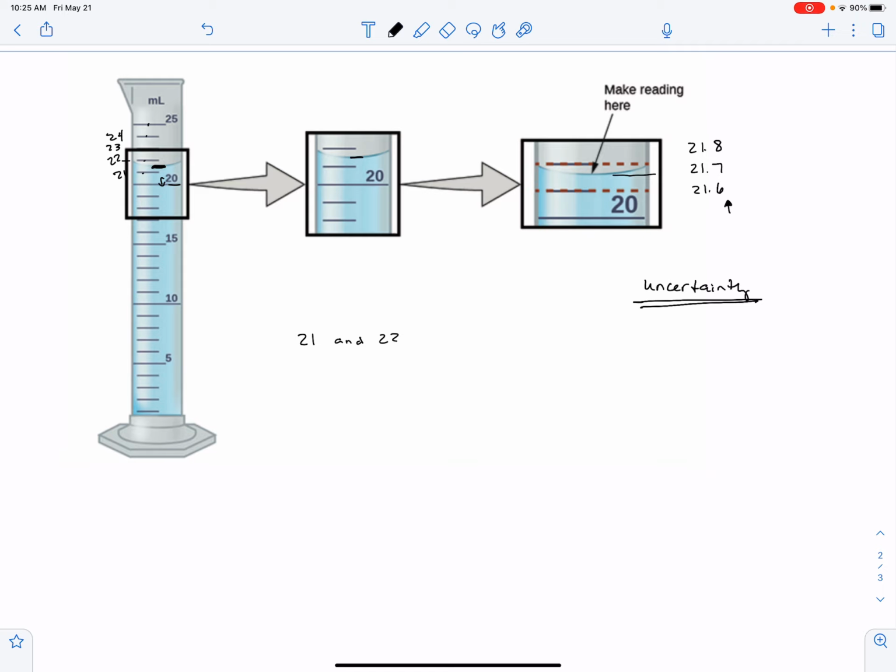By the way, if you did have a graduated cylinder that had a ton of markings in between here, then it means that you could make a better guess on the number. Because if you had lots of extra markings, you might be able to then say that the number was 21.61 or 21.62 or 21.63. In this case, there are not markings up to the 100th position between here.